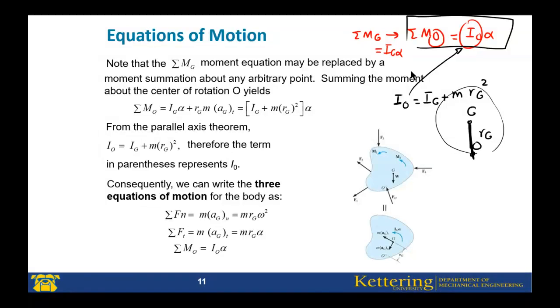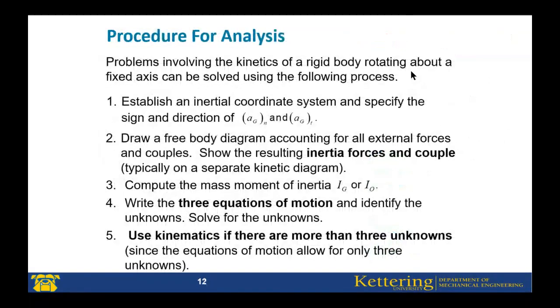Now, there is a procedure for solving this type of problem. First, you establish the normal and tangential coordinate system as you learned, and I also showed you how to draw the accelerations in normal and tangential directions.